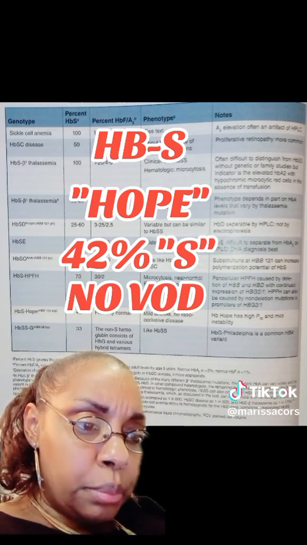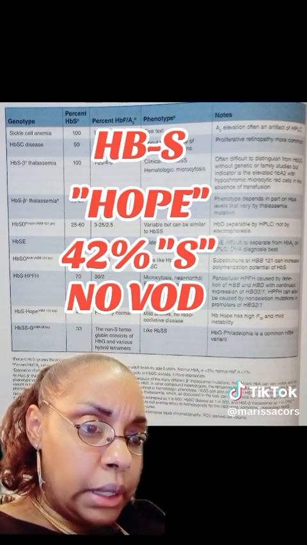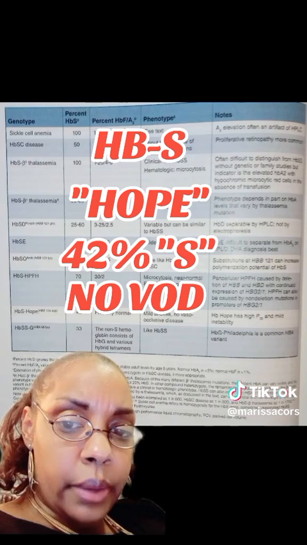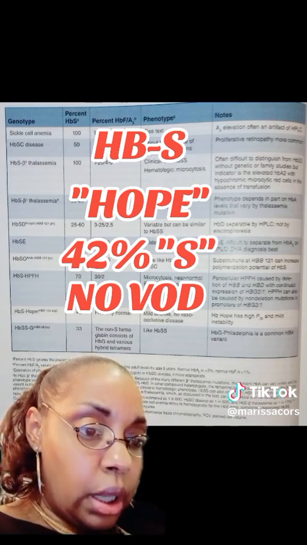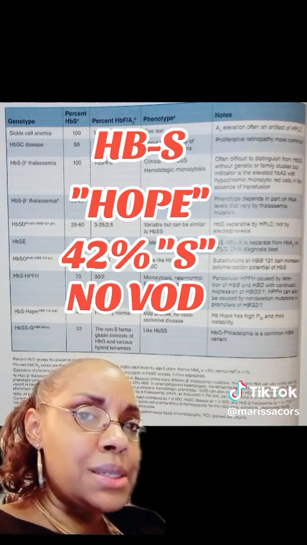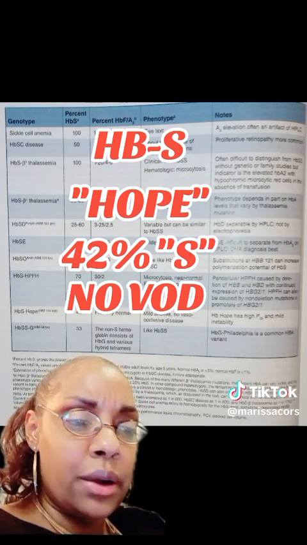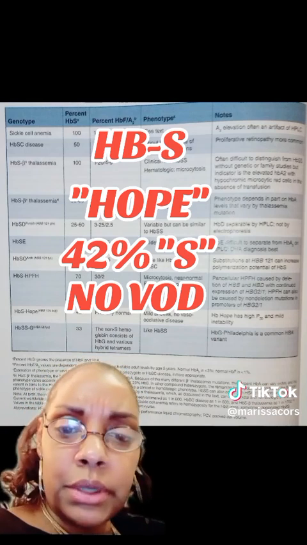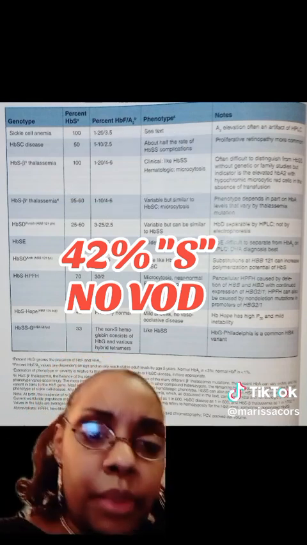HB Hope has a high P. I don't know what that means. I will find out for you. But mild instability, I don't know. Instability, period, just does not sound right. I don't care if you put mild in front of it, but we'll come back to it.